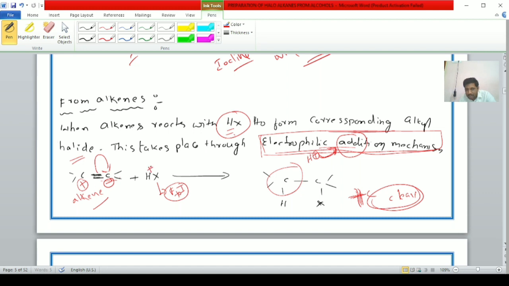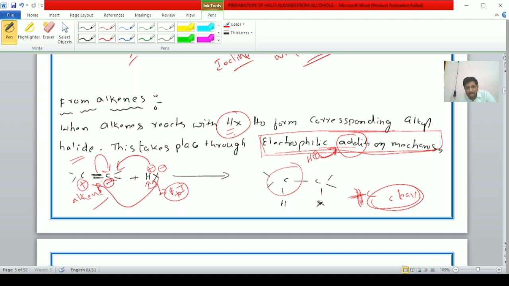Since hydrogen iodide is an unsymmetrical molecule and there is an electronegativity difference between hydrogen and halogen atom, here also hydrogen develops positive charge and halogen develops negative charge. Hence what happens student? This hydrogen atom shifts to here and this halogen atom shifts to here.